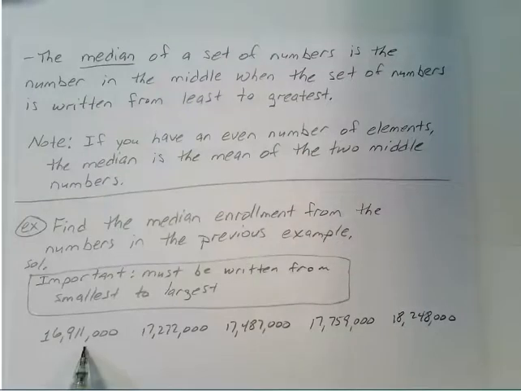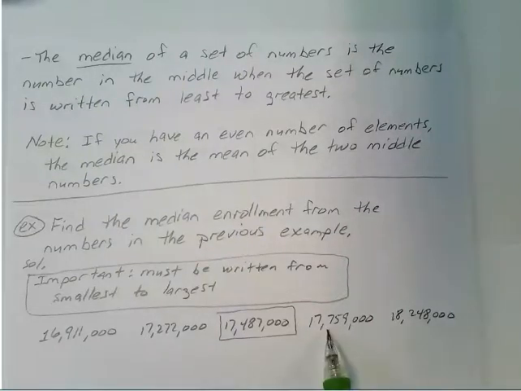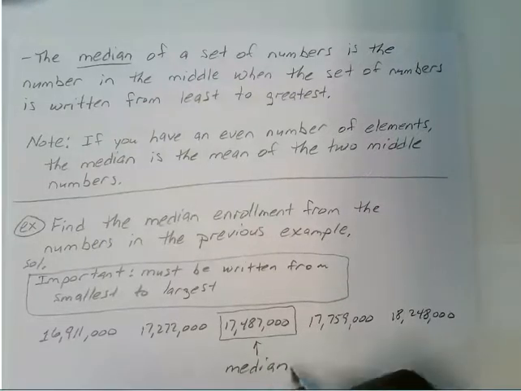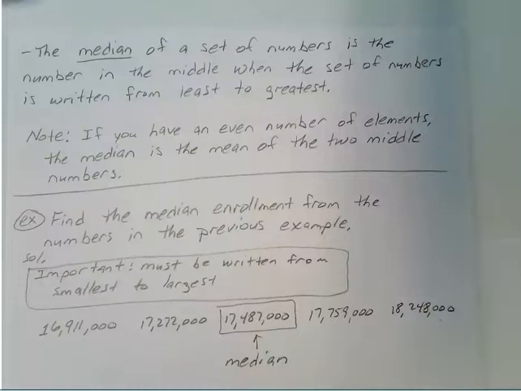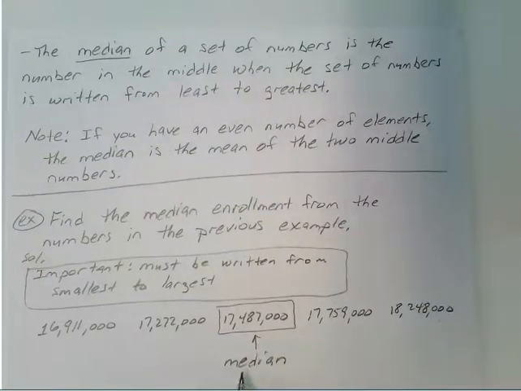You notice I wrote it from smallest to largest. The value that's right in the middle, where you have 2 on this side and 2 on this side, that's your median. With median, I say median or middle, which helps me remember what the median means. It just means the middle, basically.